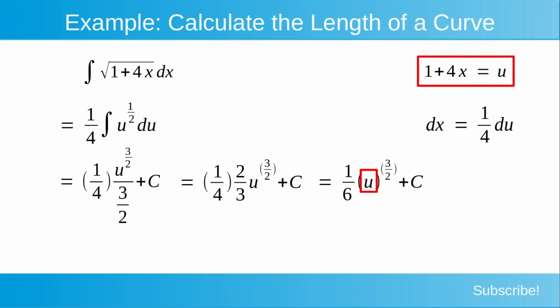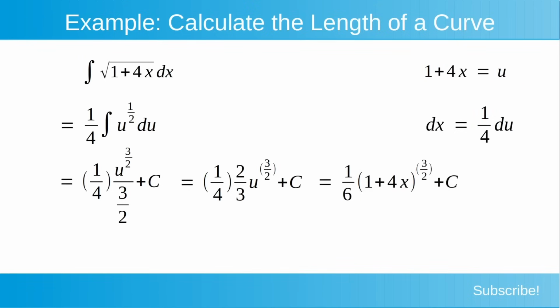We can now substitute 1 plus 4x for the variable u. This gives us 1 over 6 times open bracket 1 plus 4x close bracket raised to the power of 3 over 2 plus our constant of integration, c. And we've now evaluated our indefinite integral.